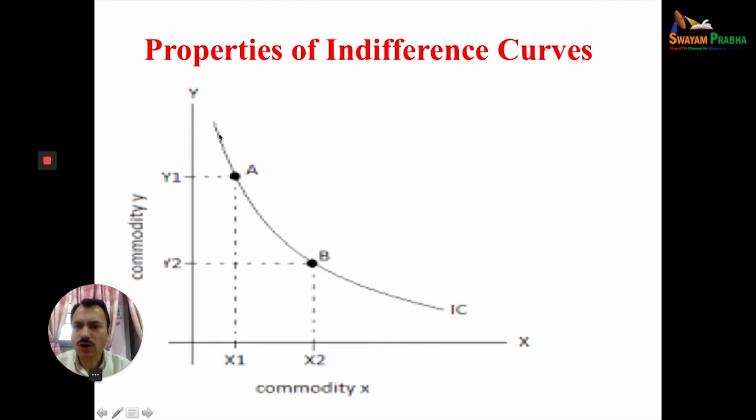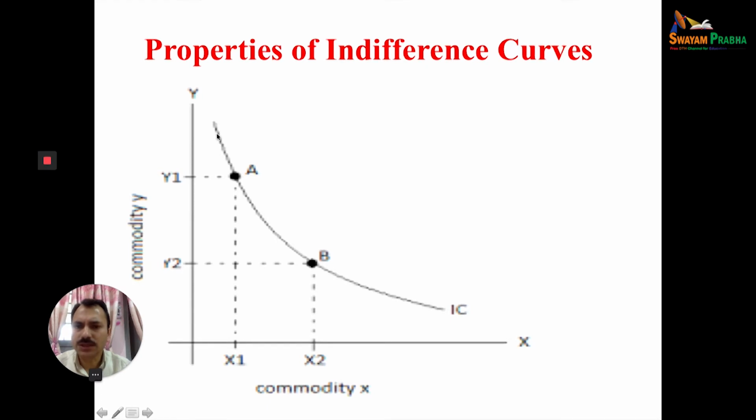All combinations on this curve of two goods provide equal satisfaction to the consumer, whether A, B or C. If you want to consume A, then you have more of Y and less of X. And at B, X2, Y2.